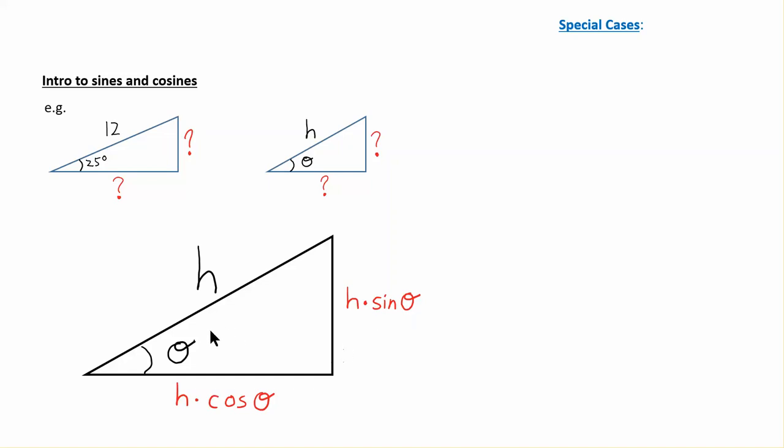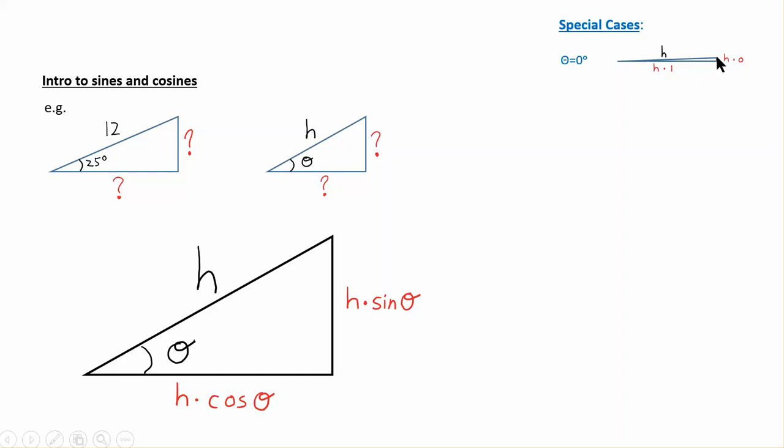So for example, suppose theta is 0. I want you to imagine that this hypotenuse is swung down so it lies right alongside this base here. So it looks something like this. If the angle theta is 0, the hypotenuse lies along the horizontal like that. So the length of this horizontal piece is just the same as the length of the hypotenuse, namely h.